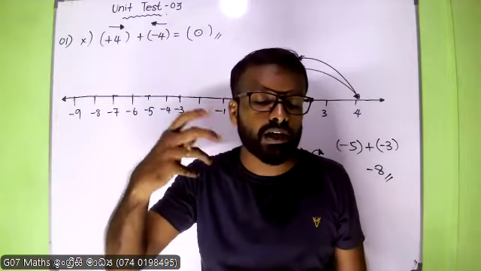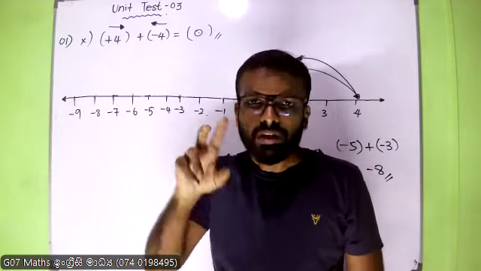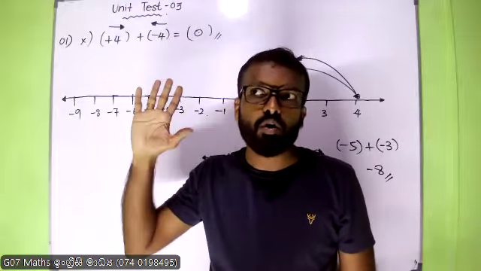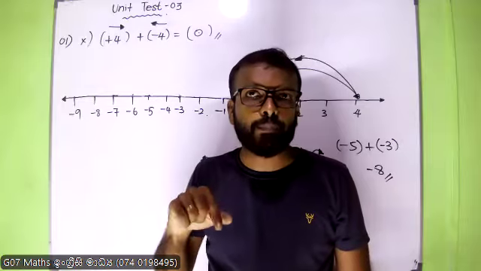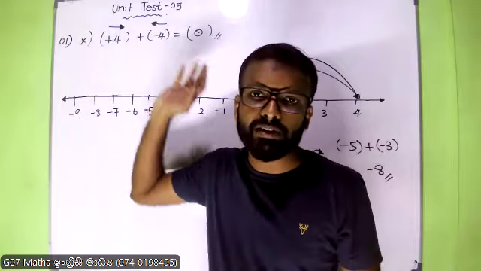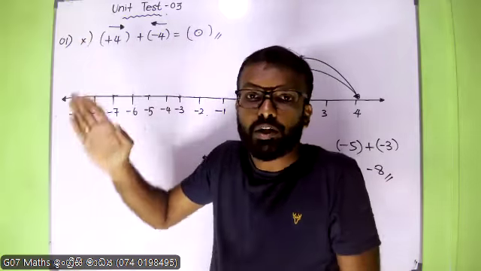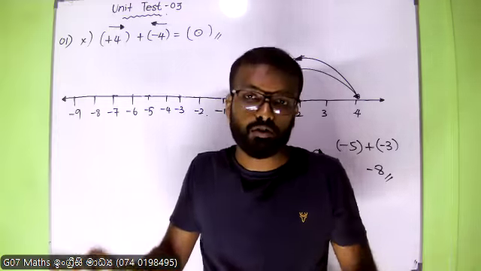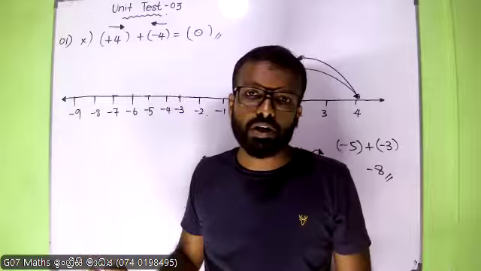Now you have to repeat it with me. You have two different signs. Forget the signs. 4 and 4. Get the subtraction. 4 minus 4, 0. No need to decide the sign. 0 is 0. There is no positive 0 or negative 0. So 0 is your answer.